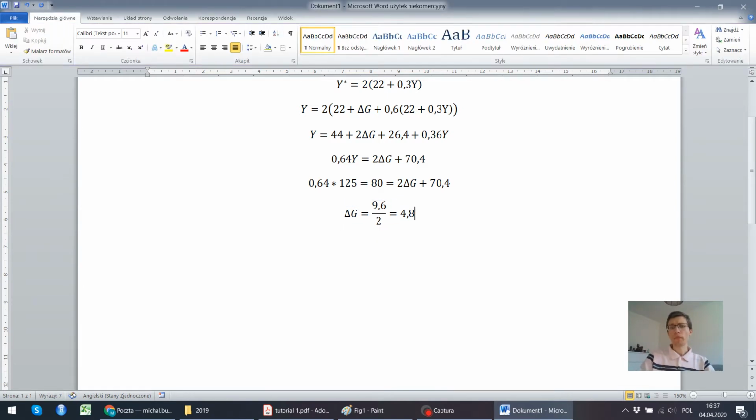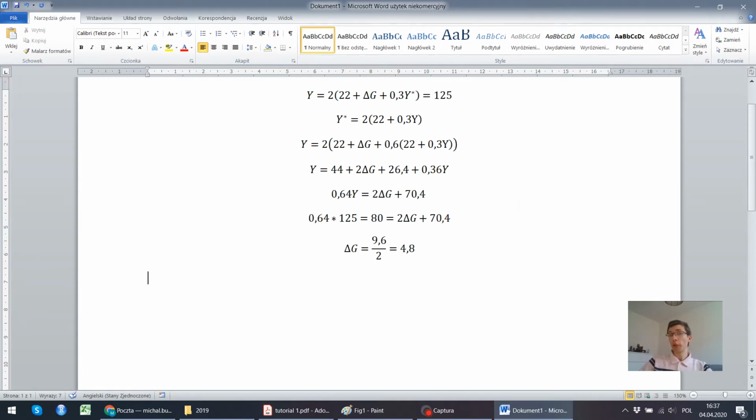All right. So what's the economic interpretation of this particular number? If the first country wanted to increase the equilibrium output from the initial level of 110 to the new level of 125, it has to increase governmental expenditures by 4.8. Okay.